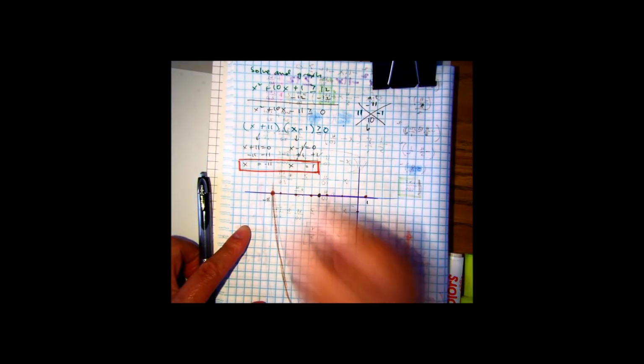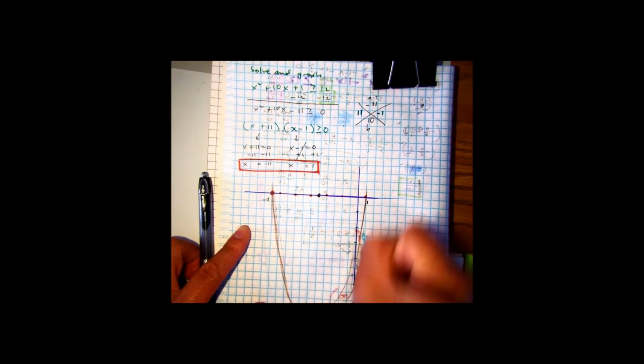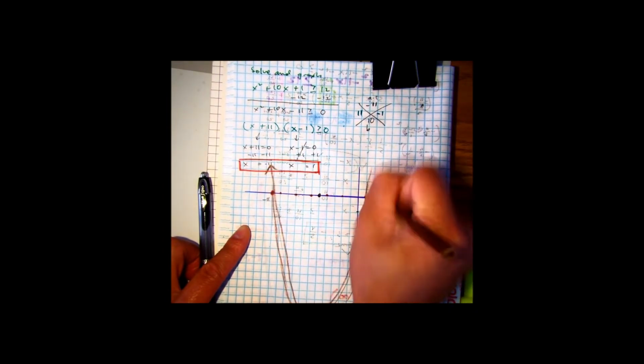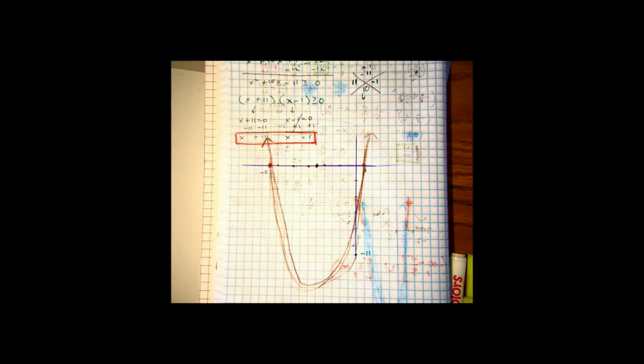So we know that a value is equal to 1, so it's going to open up, and my graph's probably going to look something like this. Should be a U.